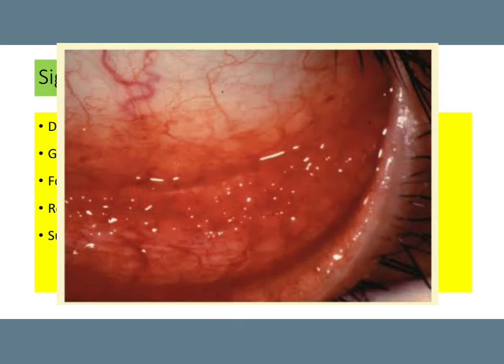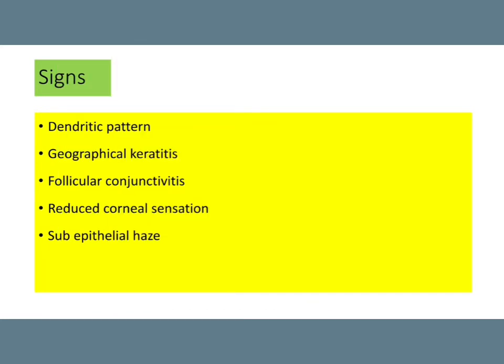Also, patients having HSV keratitis have reduced corneal sensation, so it is very important to measure corneal sensation with a cotton swab. Just touch the swab to the cornea in the superior, inferior, nasal and temporal areas, so that you can understand in which area sensitivity is more.